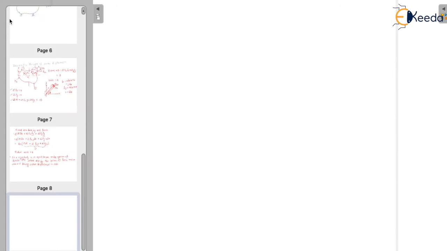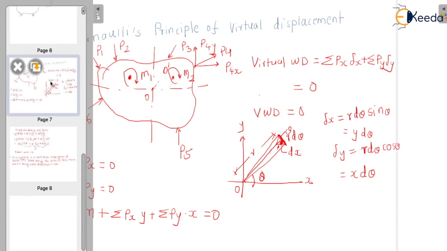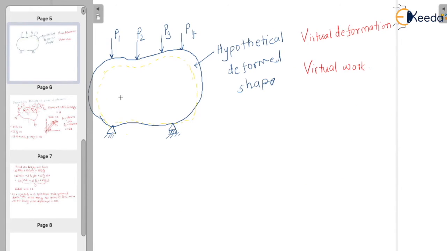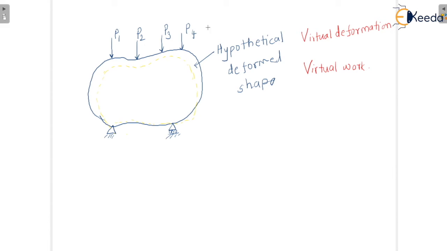Let us consider it as an elastic body which is subjected to a system of forces. These forces can cause real internal stresses, and every element in the body is in equilibrium for this particular case.